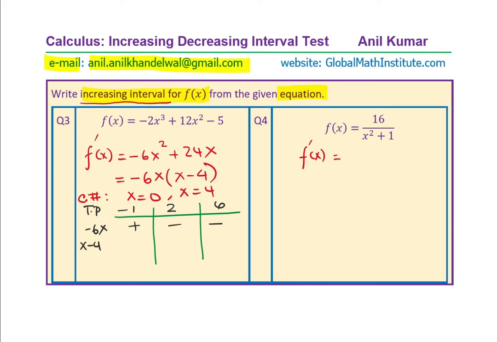As far as x minus 4 is concerned, it is going to be negative for the first 2 values, but positive for the other. And therefore, what do we get? Minus and plus will give me negative, that is positive, and this is negative. We are looking for increasing. Increasing means positive, so that is the interval. So our answer clearly is from 0 to 4. It is increasing, right?